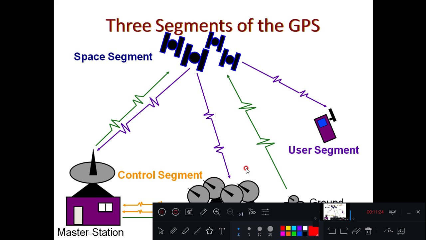Then these receiving stations, or the control segment, transfer the information sent by the space segment to the master station, and from there it is sent again to the space segment, that is the satellites, and they will show us our location, that is the user segment, if we are using a GPS instrument or device, or even your mobile GPS.